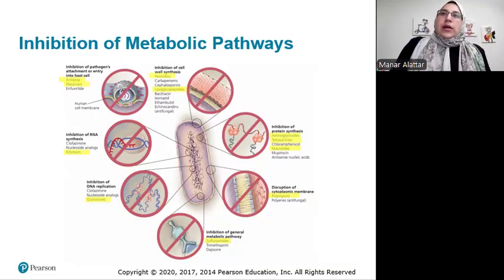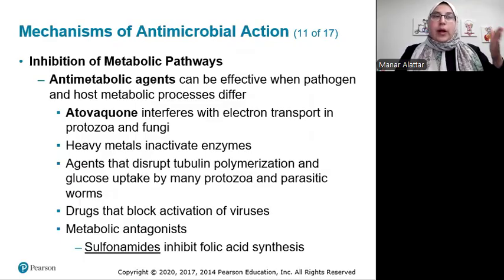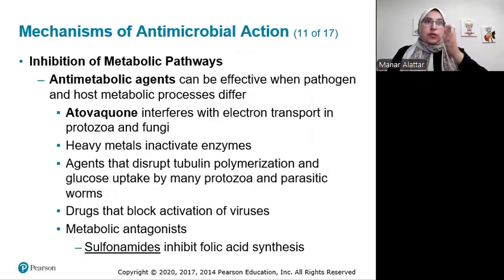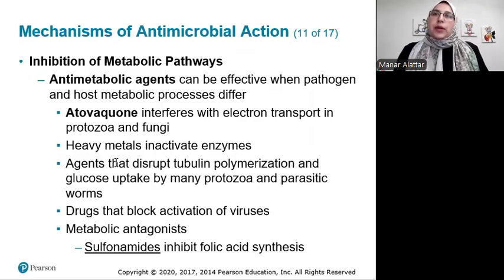When we talk about metabolic processes, we always want to go back to selective toxicity, and we definitely need antimicrobials that target metabolic processes that are unique to pathogens rather than to the host. And so oftentimes we look for metabolic pathways that are present within the pathogen rather than in the host.